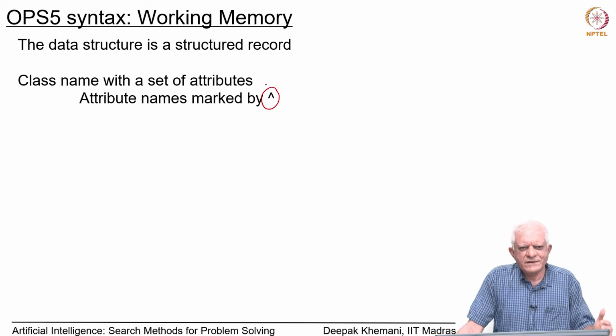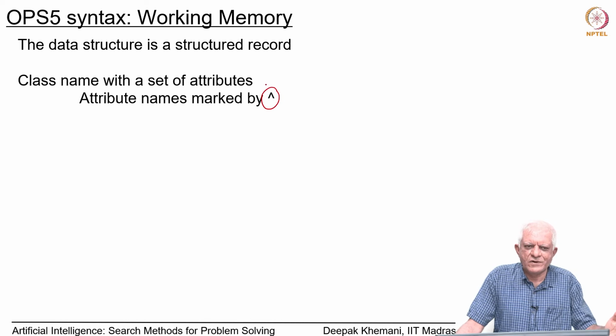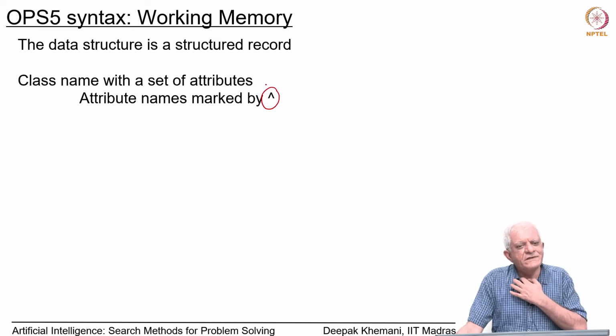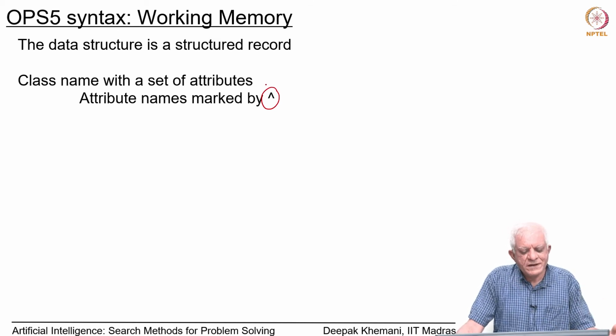You can imagine, for example, if you are creating a system for a college or a hostel or something, you would have class name as course, marks or student, anything which identifies the record type, and attribute names would be things like name, roll number, subject, or whatever the case may be.